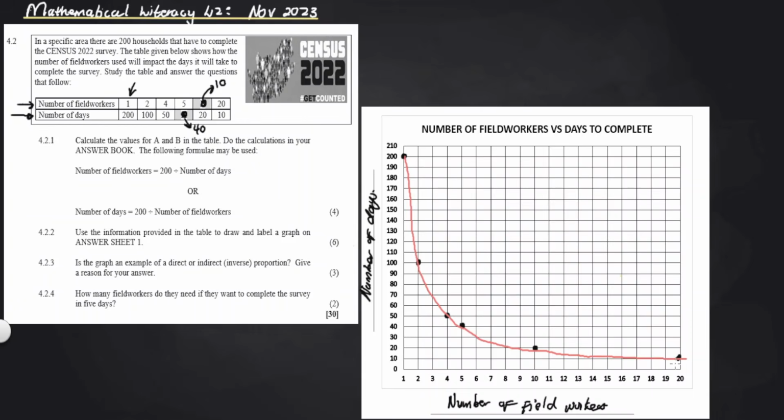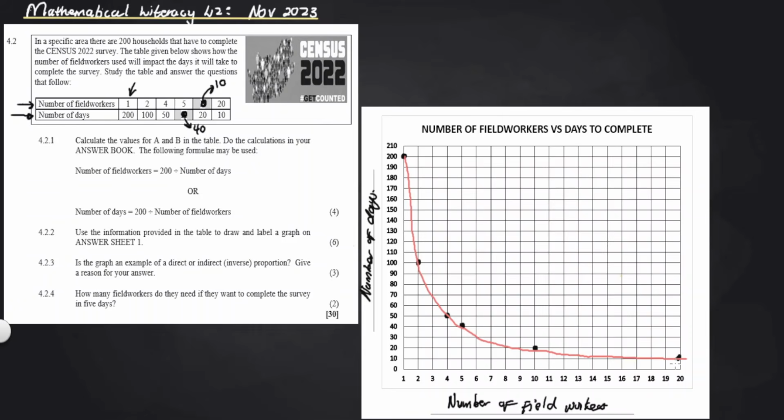So next time you are asked to plot, plot it as points. Do not plot a bar graph or a pie chart unless stated. If they don't specify which type of graph to plot, just plot points on the graph, connect them, and comment on the relationship.